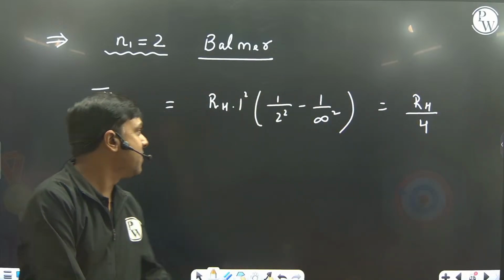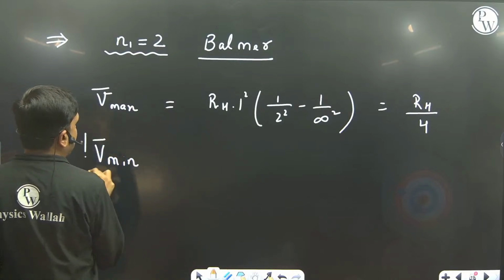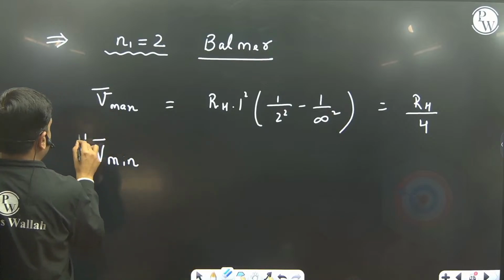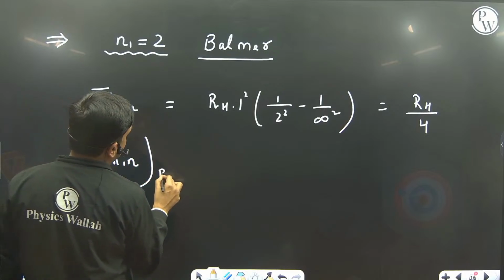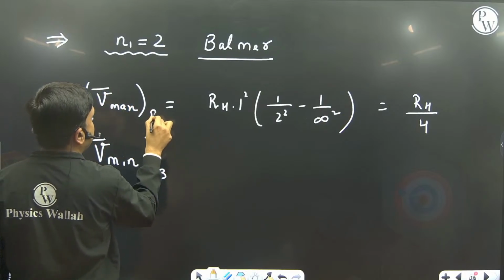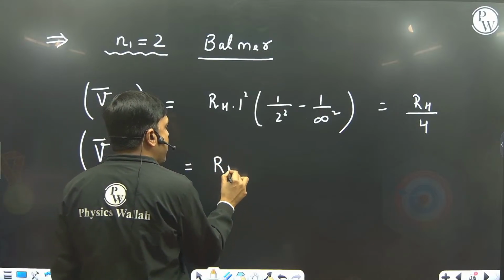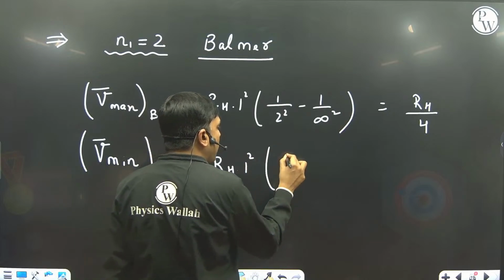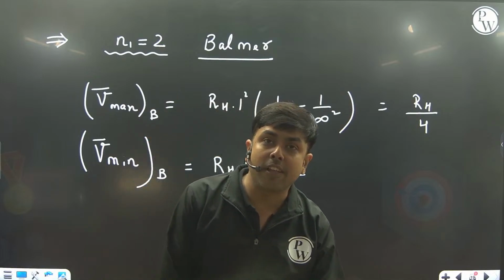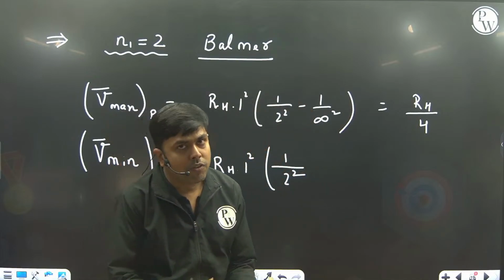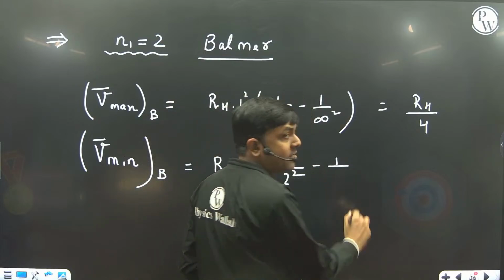Right? Now, mu min of Balmer, writing Balmer as B, right? So this is equal to RH into 1 upon 2 square, and N1 is always fixed as 2 in case of Balmer series, as it lies in the visible spectra, right? 1 upon 2 square, and the first step will be the third step only.